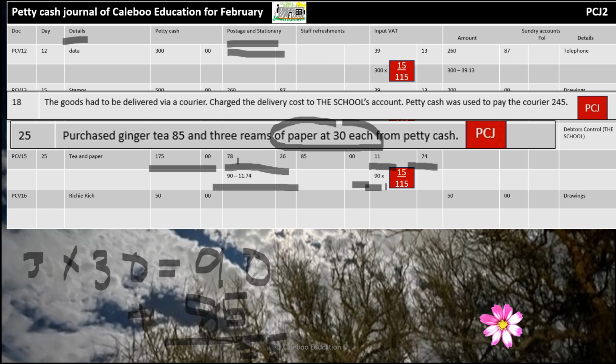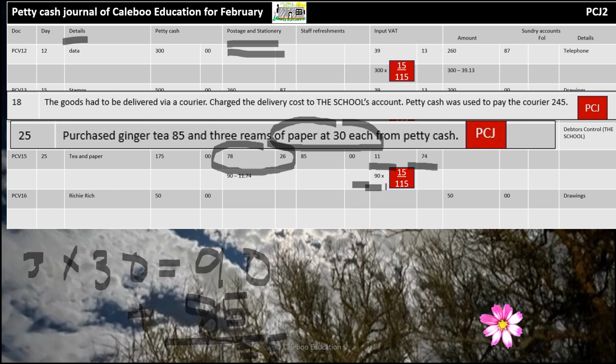And that amount is 78 Rand and 26 cents. There it is, 78 Rand and 26 cents.